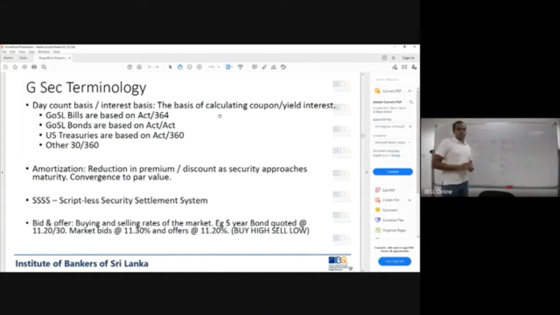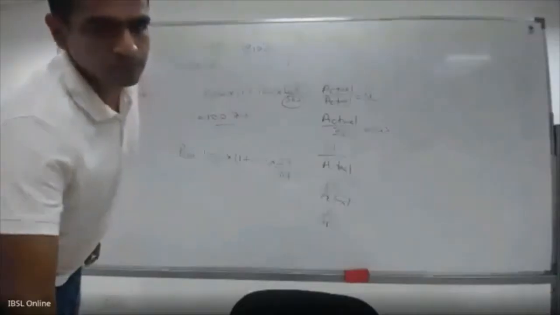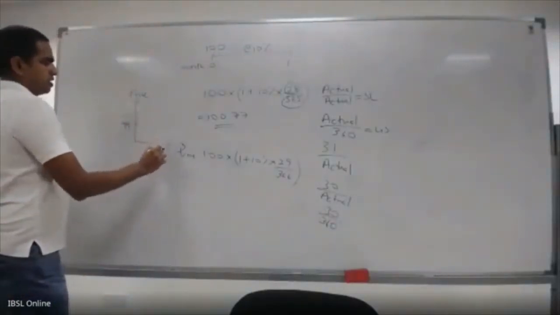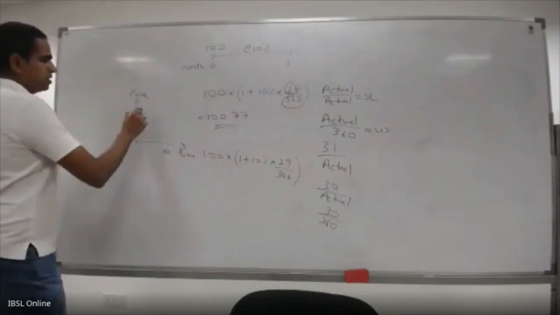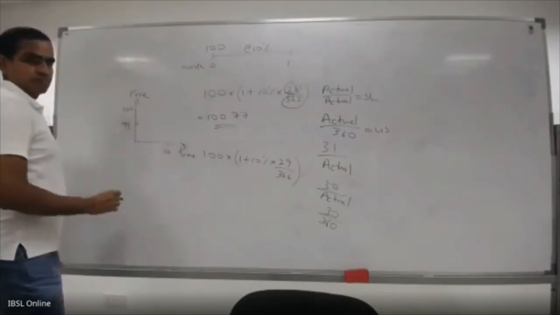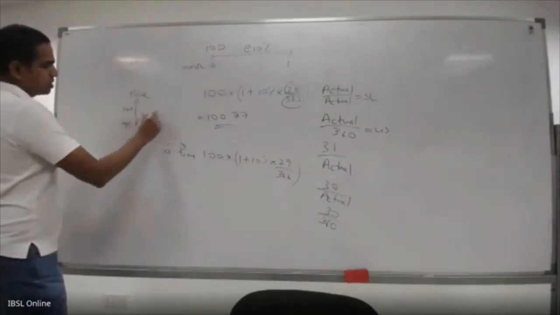Right. Then the price of a bond. Now, if you buy a bond at a discount, let's say you buy the bond at the price of 99. In 10 years, when this bond matures, you get the face value, meaning you'll get 100. So the price has gradually increased from 99 to 100.